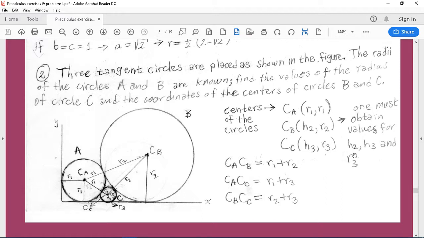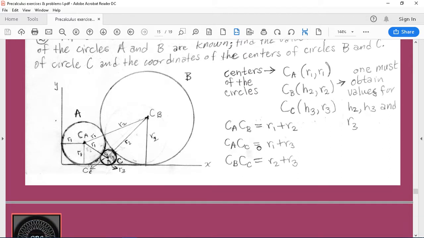So we have only two known values, which are R1 and R2, and three unknown values, which are H2, H3, and R3.